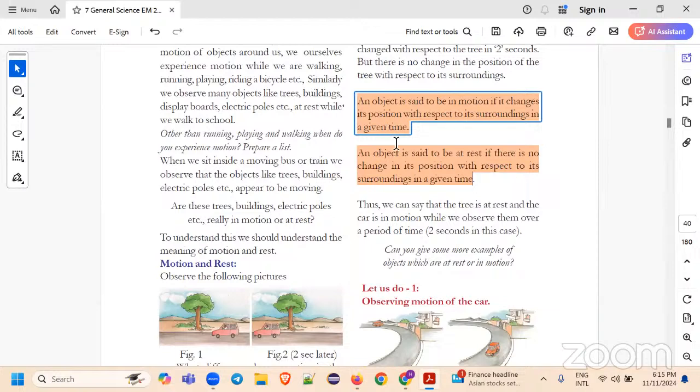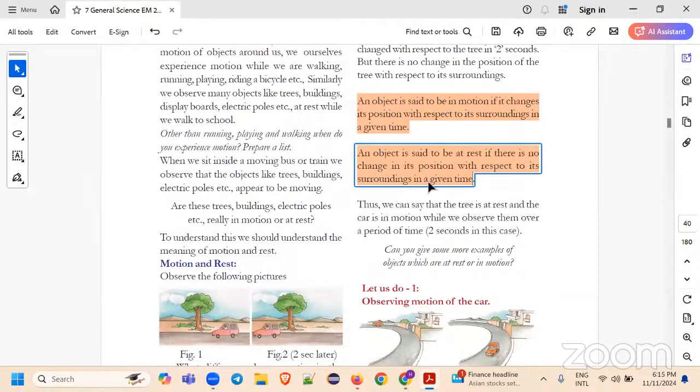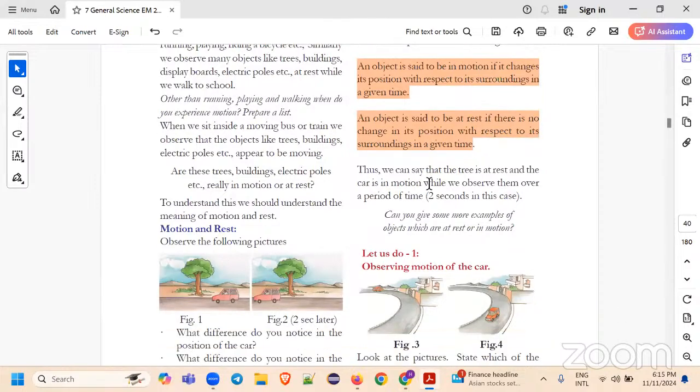Based on the time, if an object is moving with respect to its surroundings, then we say it is in motion, or if it is not moving, we say it is at rest. Both rest and motion are relative terms. They have to be compared with an object or surroundings.